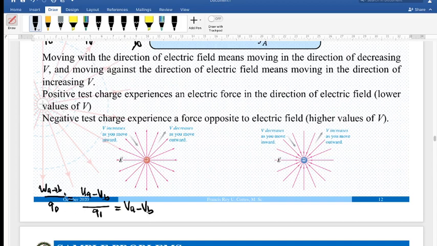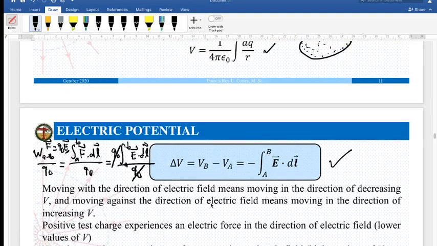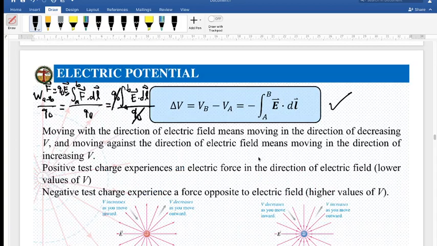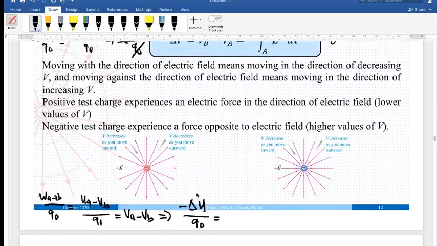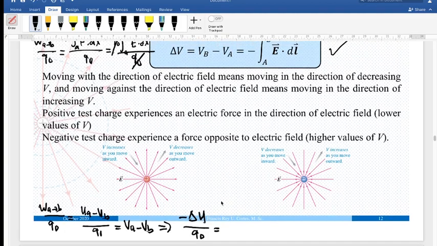Now your work A to B is actually negative, so it is a negative change of your potential divided by Q sub naught. The negative change of U is actually the change of your potential, right?